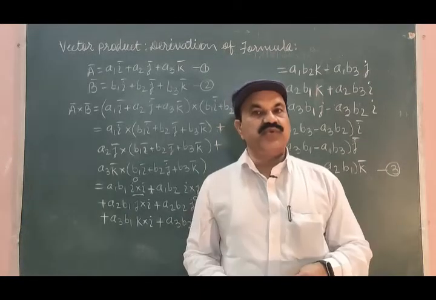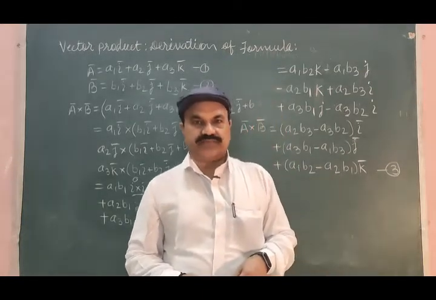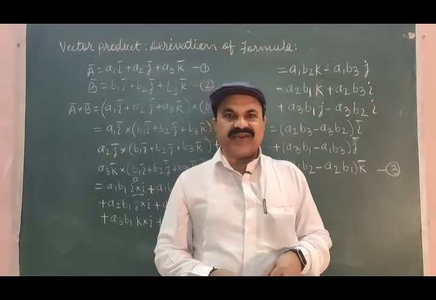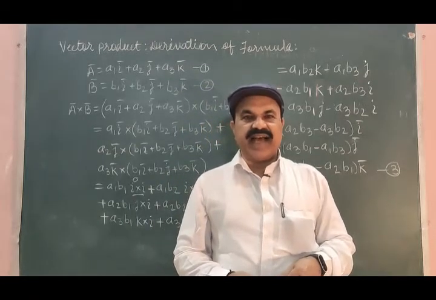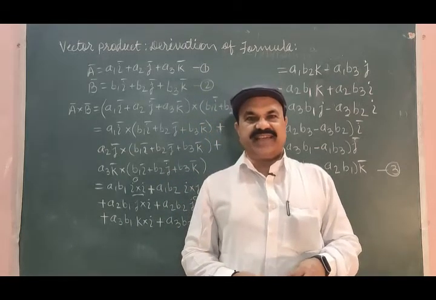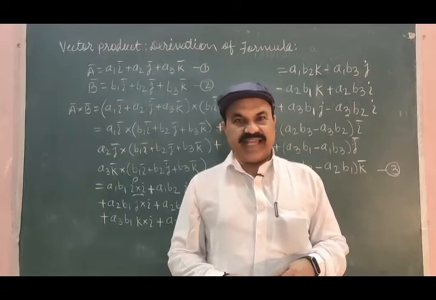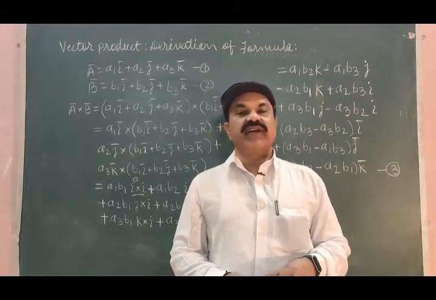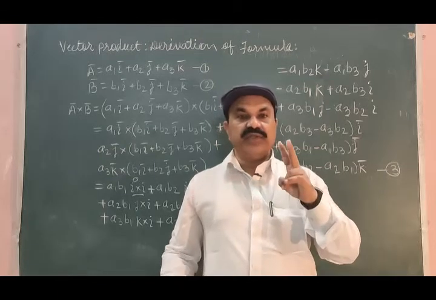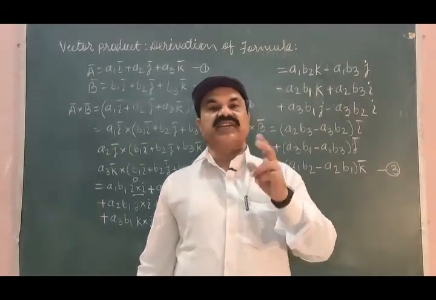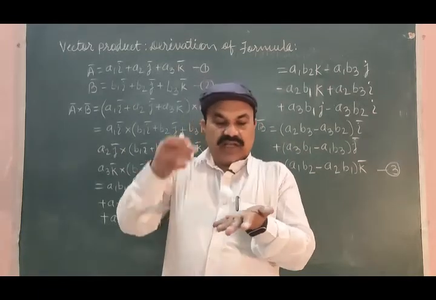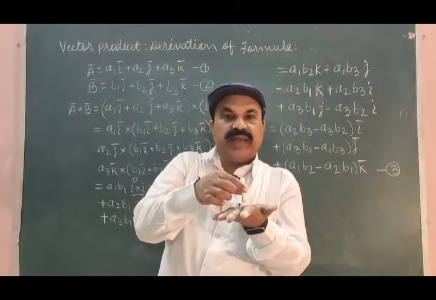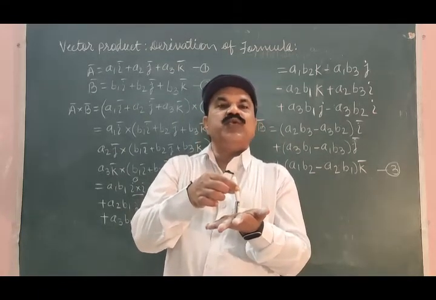Then let us go to the remaining rules. I cross j is always k. It means that the vector product of two coplanar vectors is a vector perpendicular to the plane containing the two vectors.